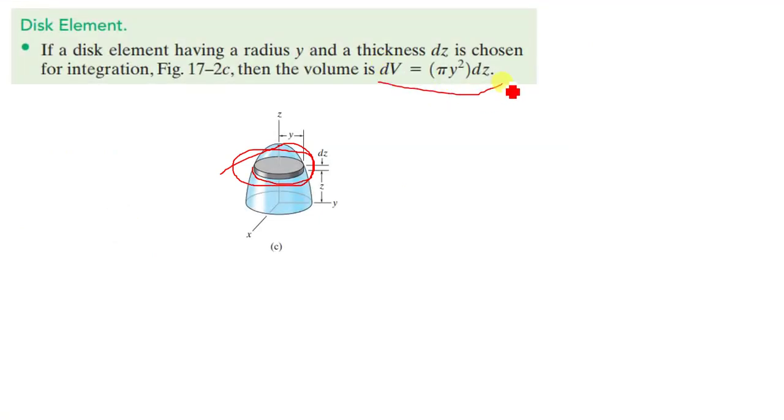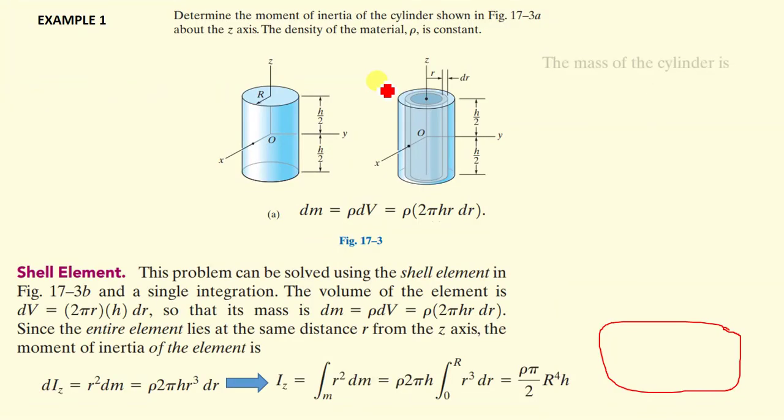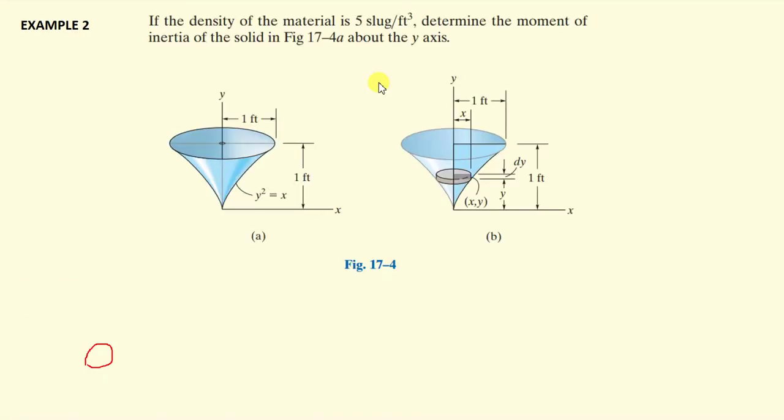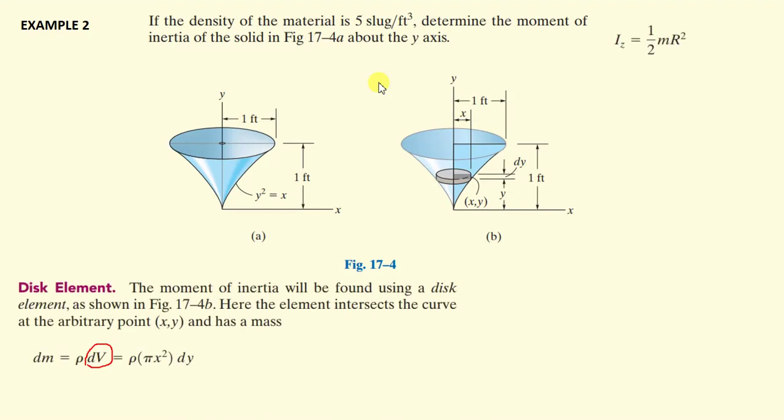So you need to know these formulas, or you need to know how to derive them if you want to master it. So for dv, we replace with pi x squared. In this case our radius is x, so we say pi x squared dy. That's our dv. So from there, this is our dm.